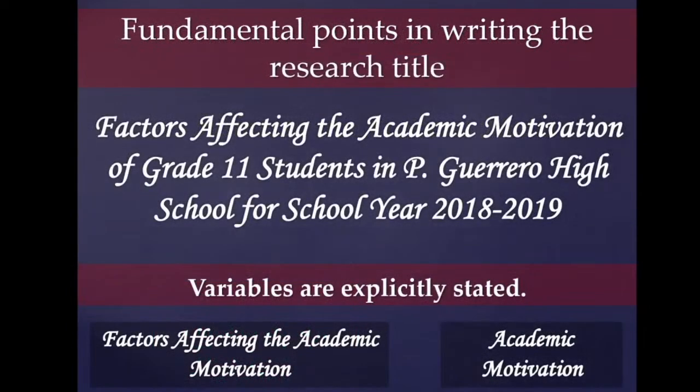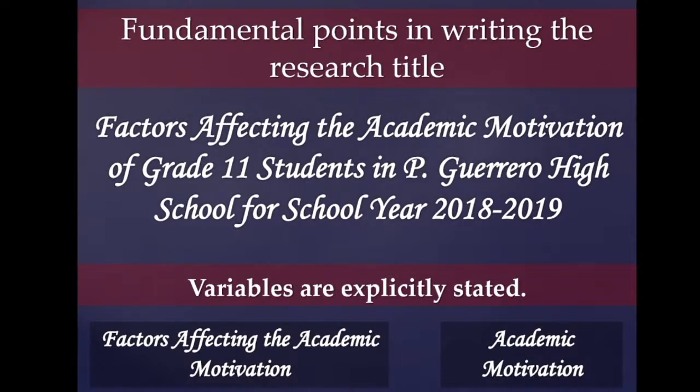Okay. So right now, let's proceed with the fundamental points in writing the research title. Just like what I've said a while ago, the research title must always make the variables explicit or seen. Let us look at this title. Factors affecting the academic motivation of grade 11 students in P. Guerrero High School for school year 2018-2019.